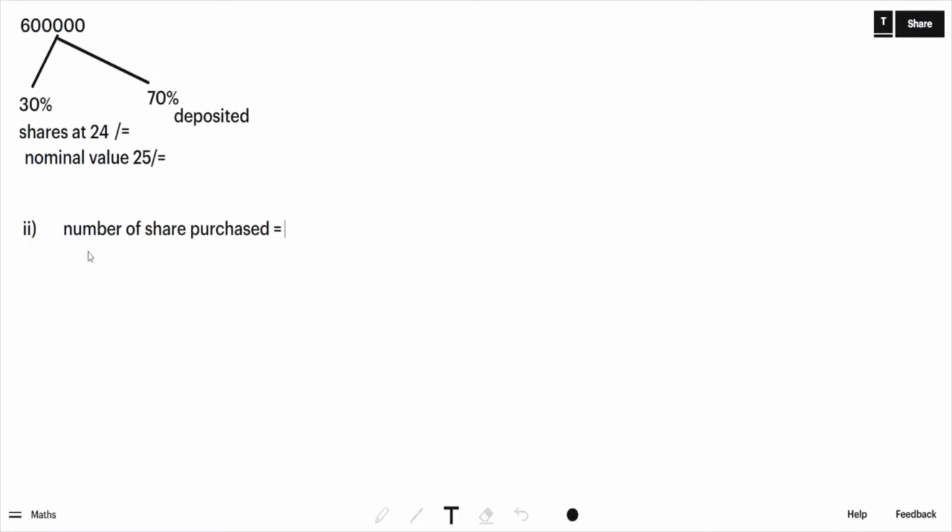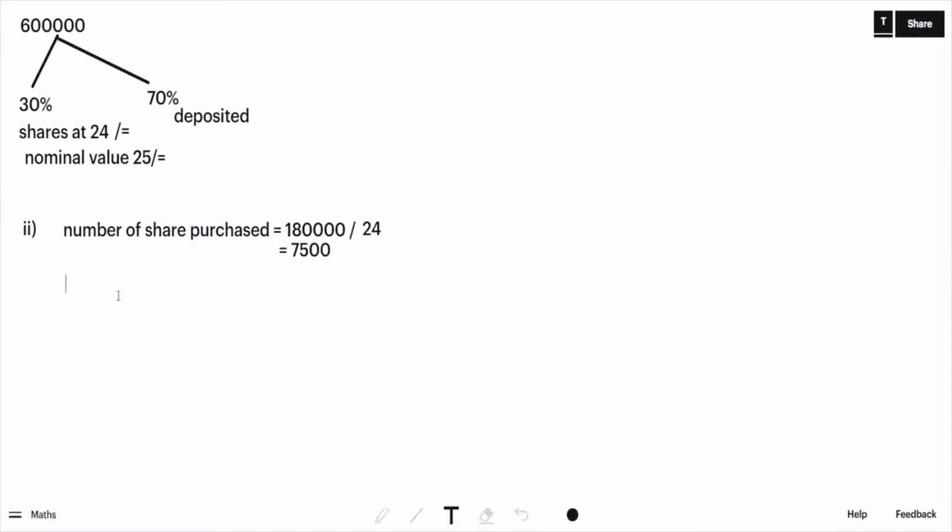He used 180,000, and he bought each share for 24. This will give us 7,500 shares.